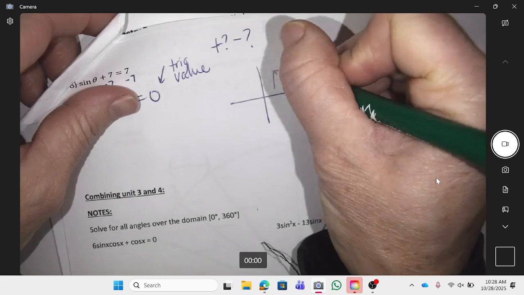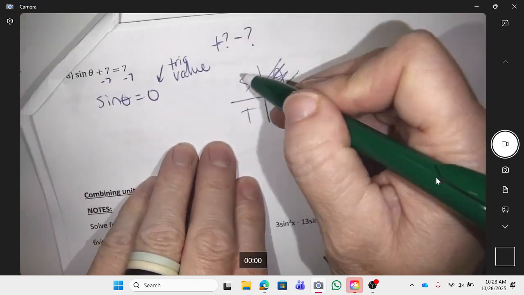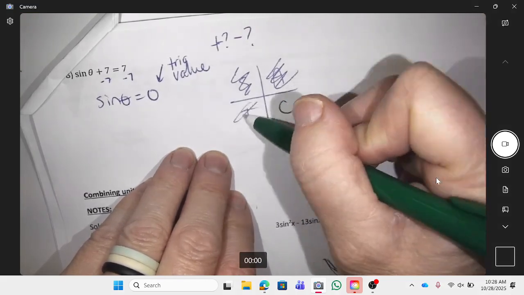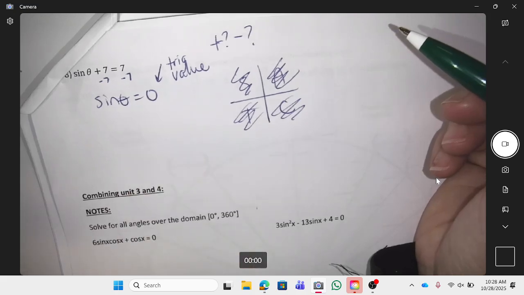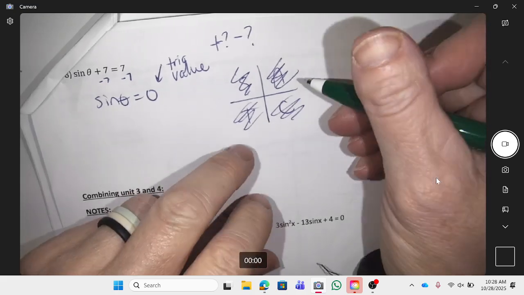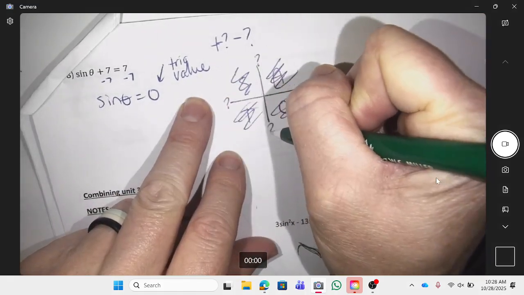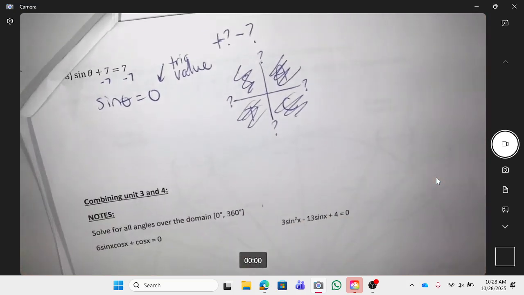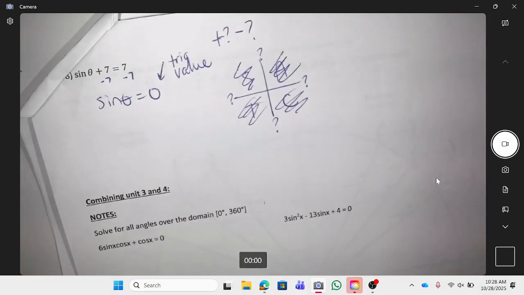Okay, so if I think about my Astica, so I can't be positive, I can't be in there, and I can't be negative, leaving me with what options to where I can be? I can't be inside any quadrant. So where could I be? I have to be on a line. Okay?